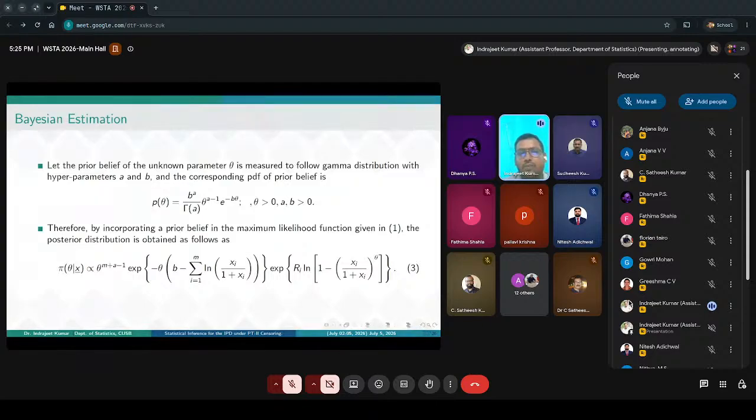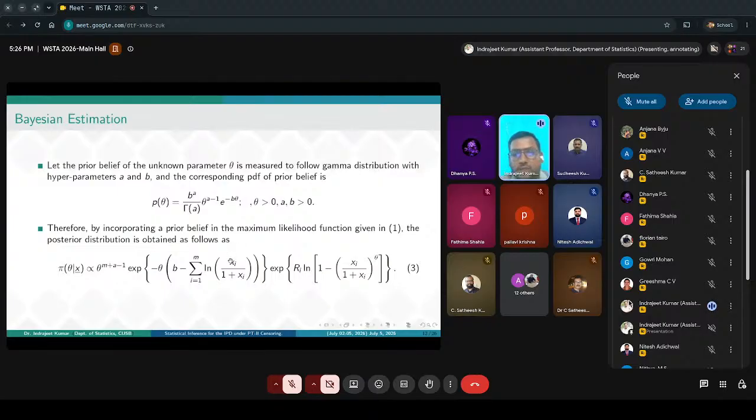If we have prior information, the Bayesian technique can be applied, and it can update whatever prior belief we have. By incorporating the maximum likelihood with the prior, here a gamma prior taken for the model parameter, we get the posterior distribution.